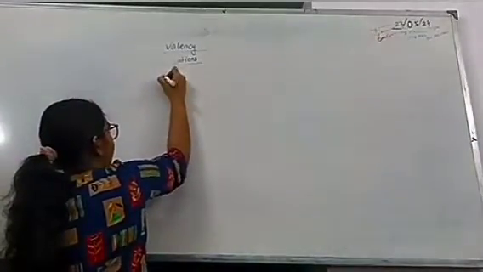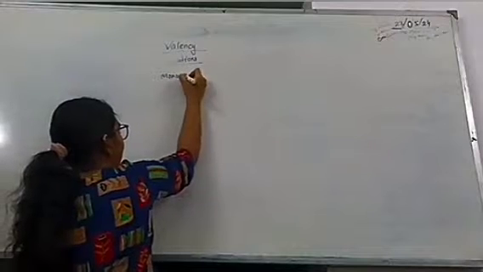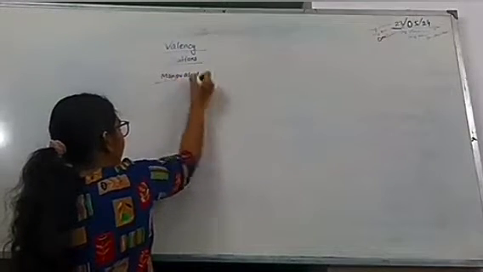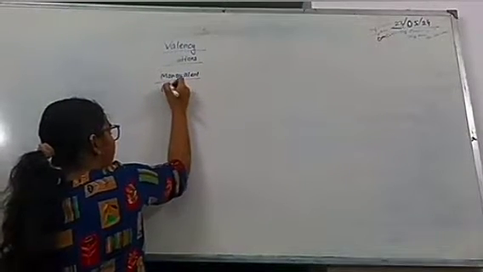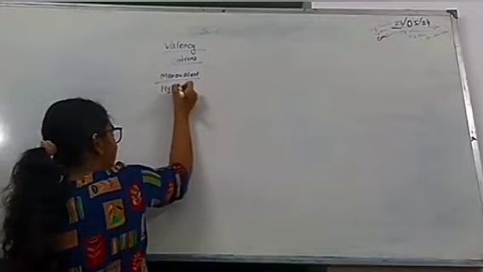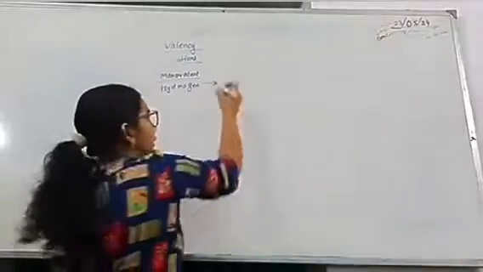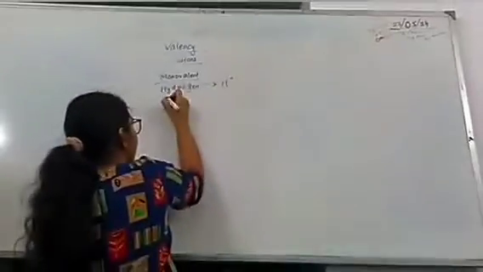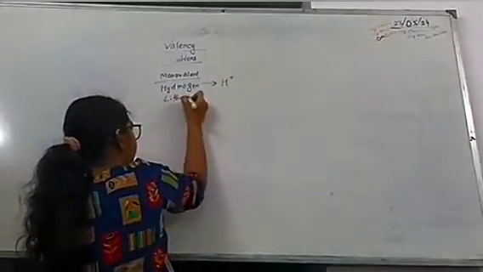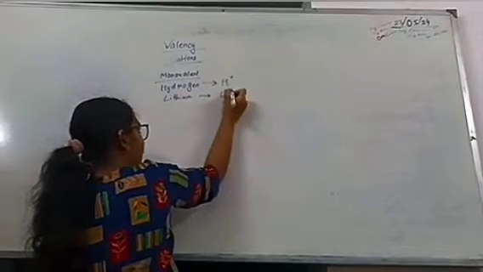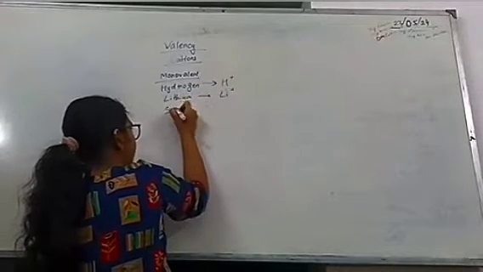So all the monovalent cations include hydrogen. First of all, it is hydrogen. What is the symbol of hydrogen? H plus. Then lithium, Li plus. Sodium.